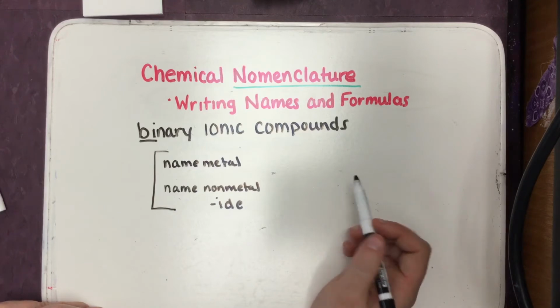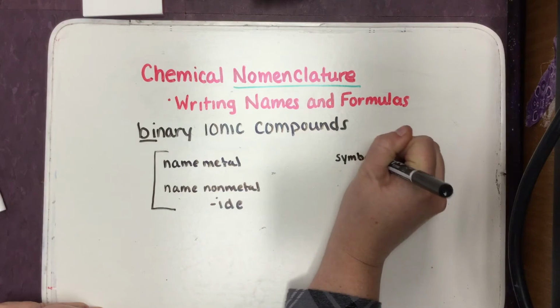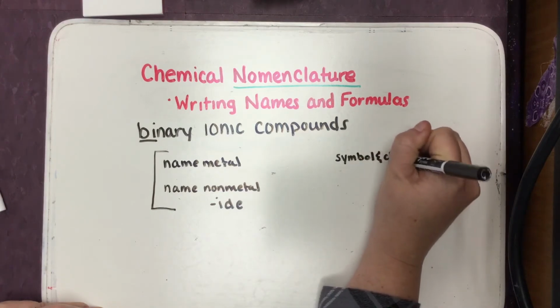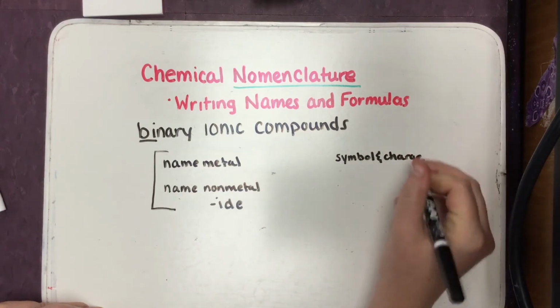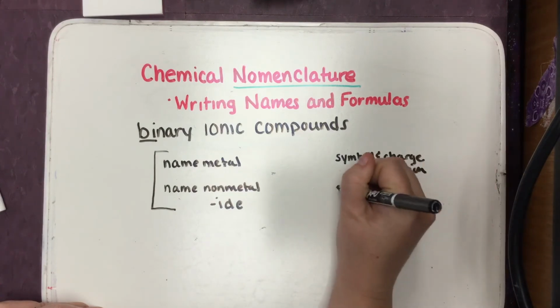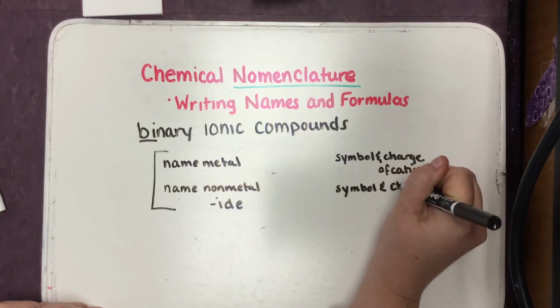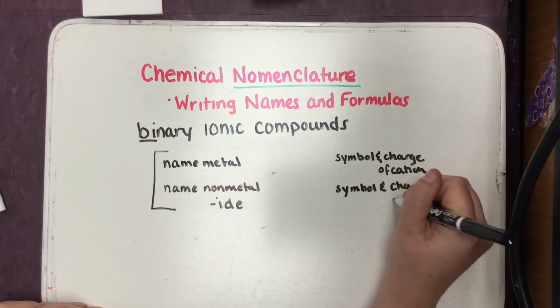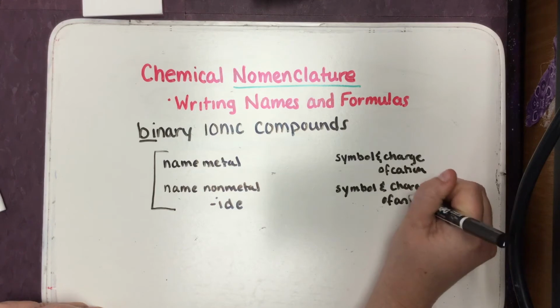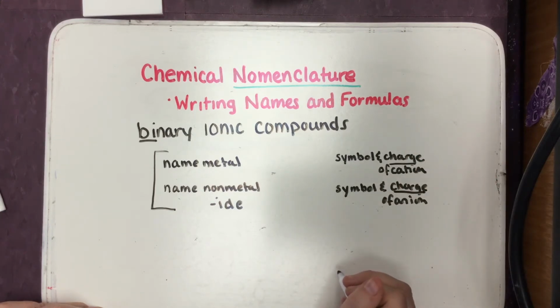If instead we're writing the formula, that's when we need to figure out the symbol and the charge of our metal, that's the cation, and then we figure out our symbol and our charge for the anion, the nonmetal. Once we have both charges, we're going to see if they can be reduced.